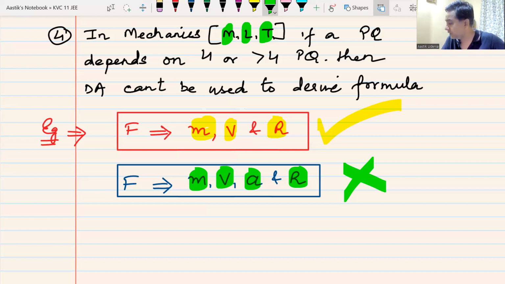Okay. That takes us to the next point. Limitations of dimension analysis, point number 5. And what is point number 5?